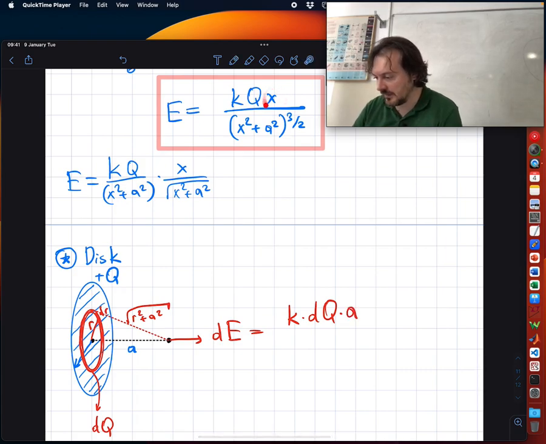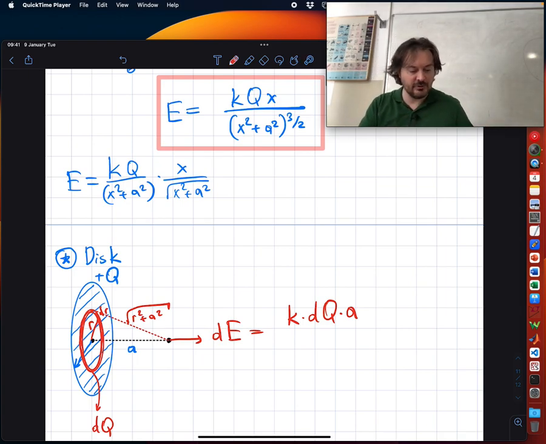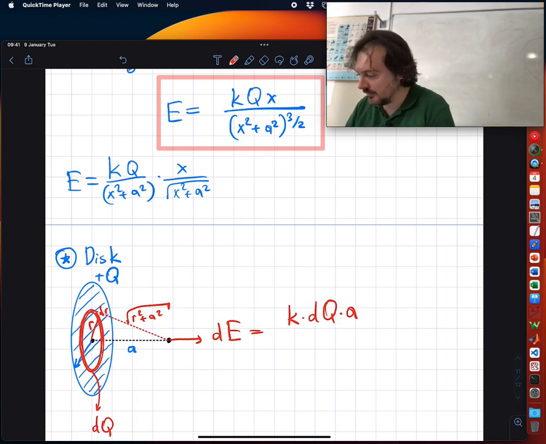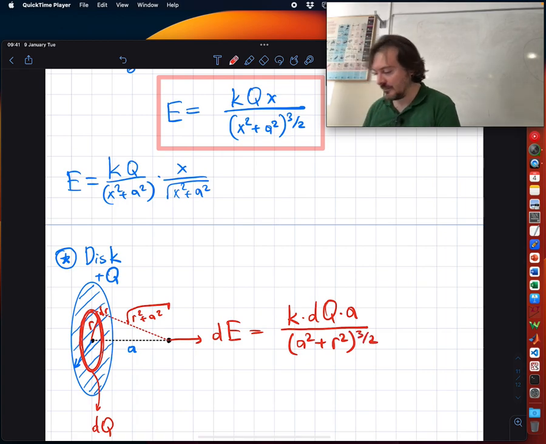So this x is a, this a is r, and this x is a again. Sorry, I switched to my old notes, so I don't want to get confused. Are you confused? Not at all.